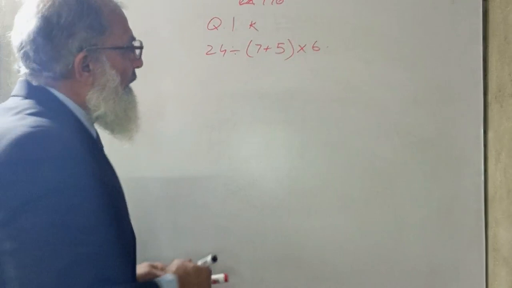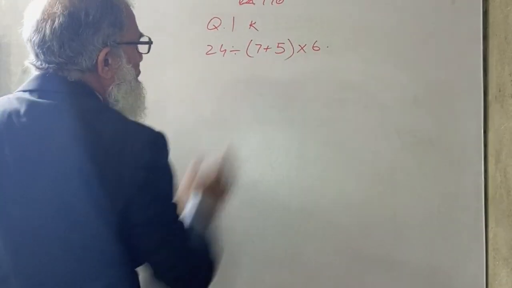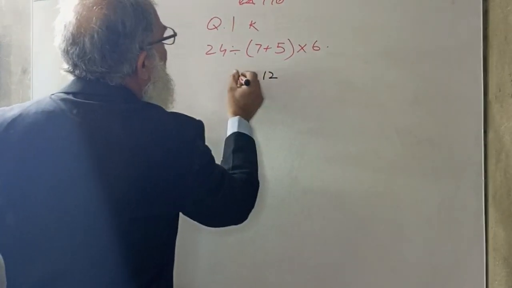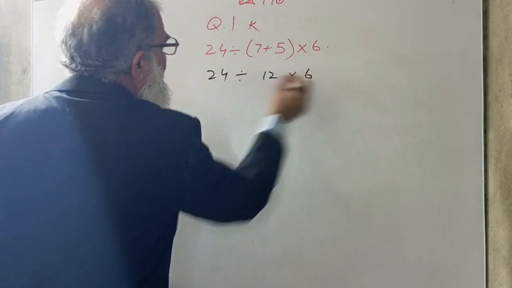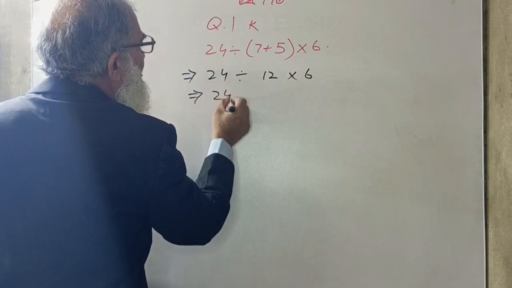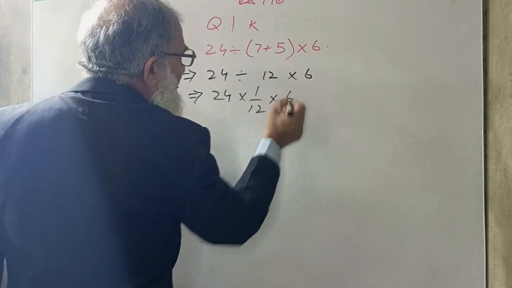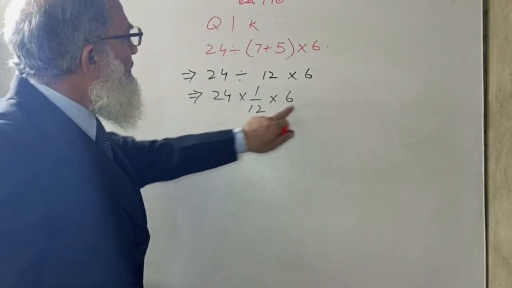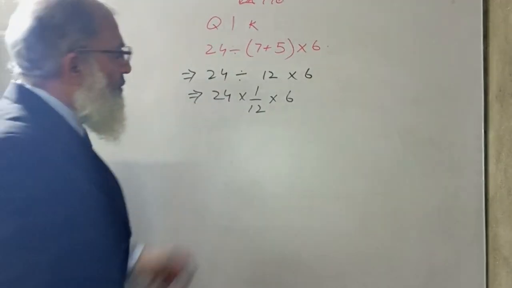We'll check it now manually. So what we have to do is solve this. Now this is 12, and 24 divided by 12, multiplied by 6. So what happens here is that 6 is divisible by 6, and this 24 is also divisible by 12.